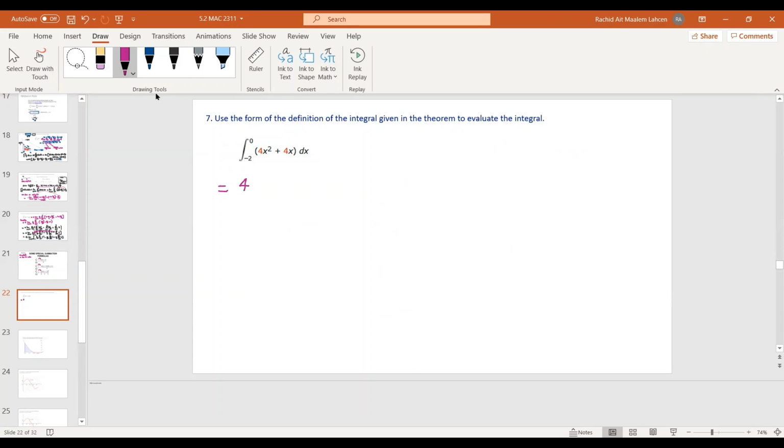So you'll have 4 times the limit of 8 over n cubed, n times n plus 1, 2n plus 1, over 6, minus 12, n times n plus 1, over n squared.